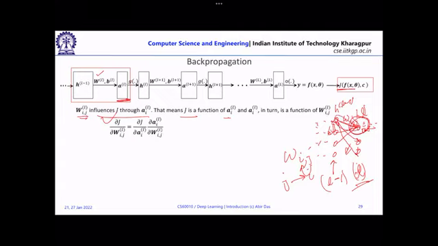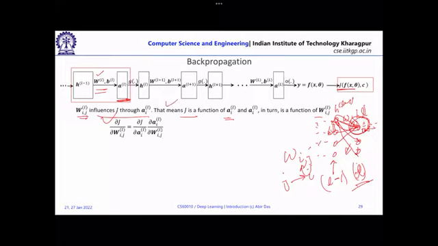Both are equally true. So if I say Wij influences J through AI, that means Wij influences AIL, and AIL gives you J. There is nothing else to understand here.